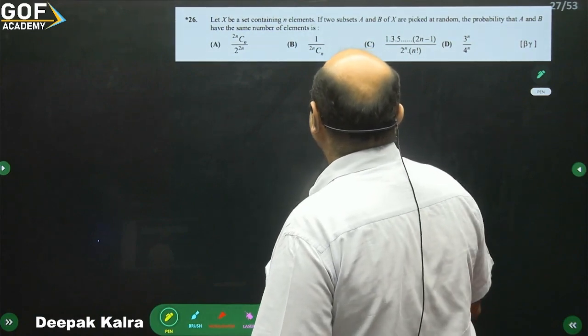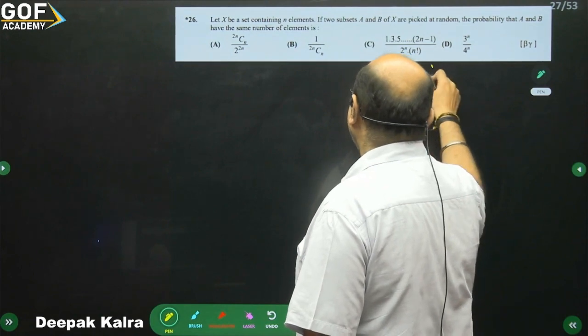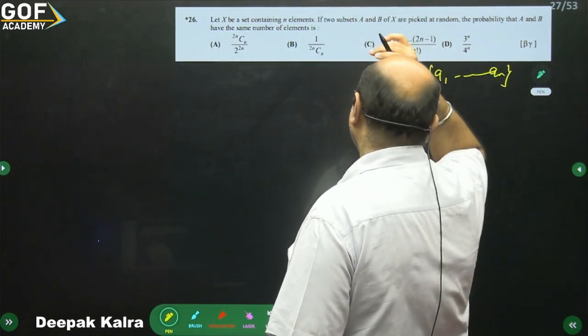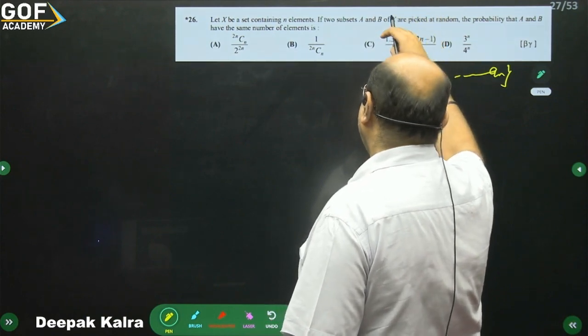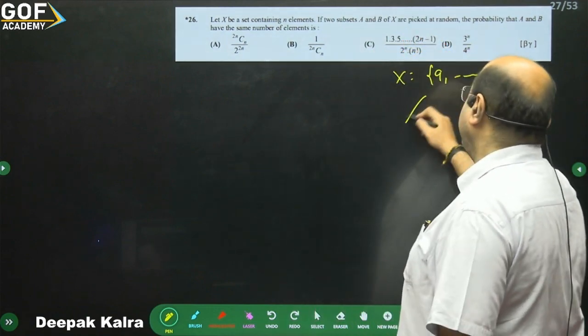There is a set X having n elements in this. I think this question multiple times we have seen. One question last time also we have seen that way. Two subsets A and B are being formed.